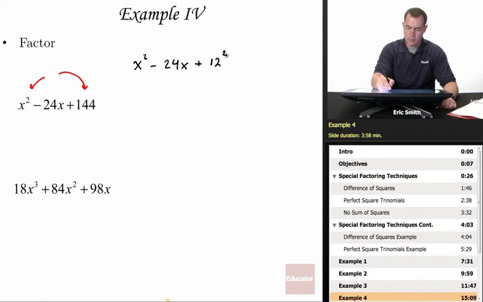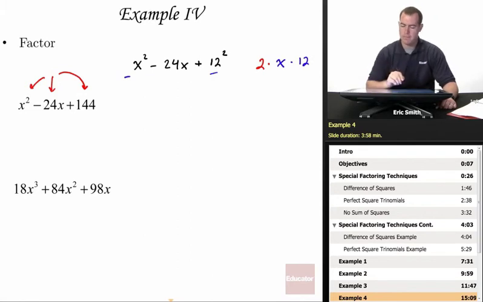A 12 squared. So in order for this to work out nicely, I want to make sure that that middle term comes from taking 2 multiplied by my first term, an x, and my last term, 12. Well, by combining all that, sure enough, you'll see that we do get our 24x. So we're in pretty good shape.